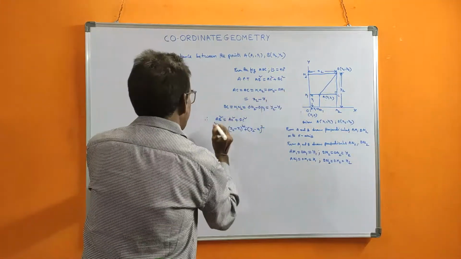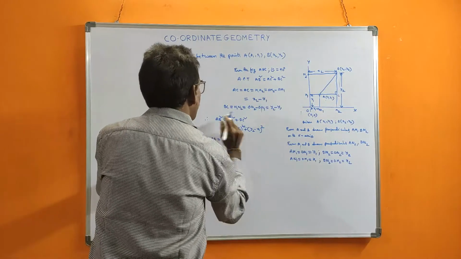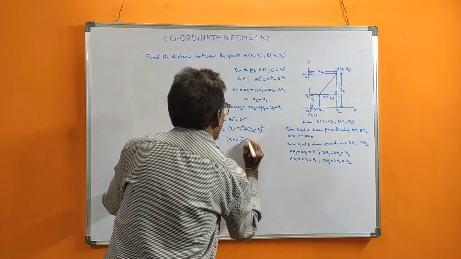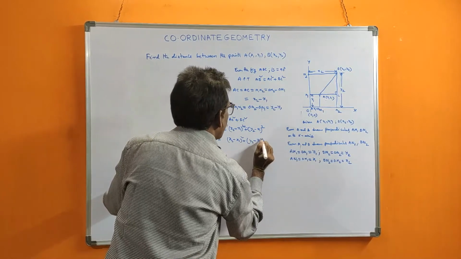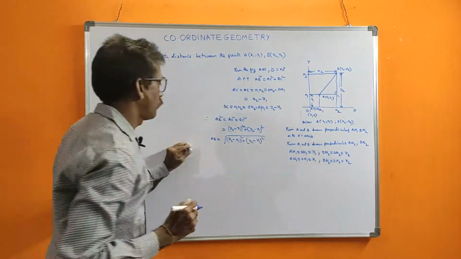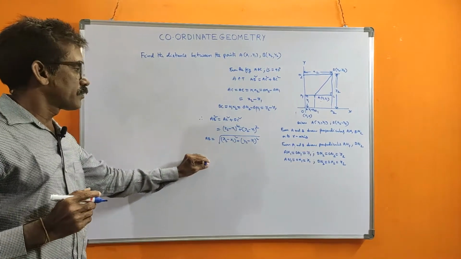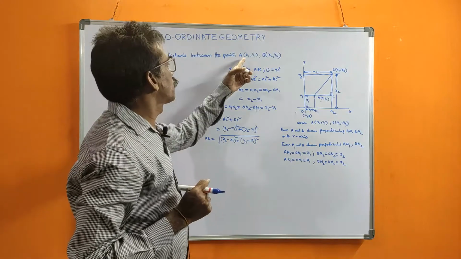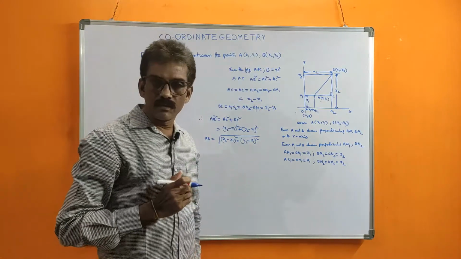But we want only the length AB, so the square comes to this side as a root: AB equals square root of (x2 minus x1) whole square plus (y2 minus y1) whole square. This is the formula to find the distance between 2 points (x1, y1) and (x2, y2).